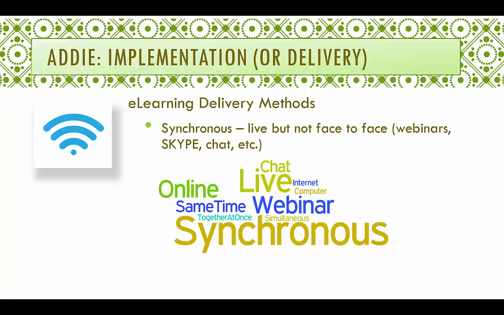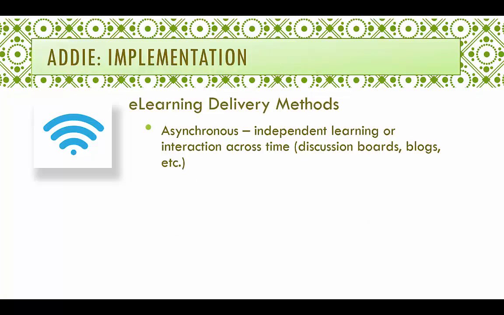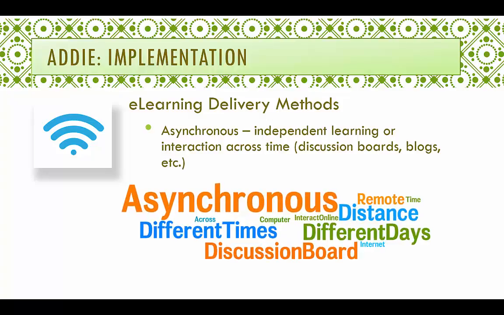An asynchronous online model is the opposite of a synchronous model in that participants are not interacting at the same time. Interaction with others takes place across time using discussion boards, blogs, etc. Independent learning can also be asynchronous.